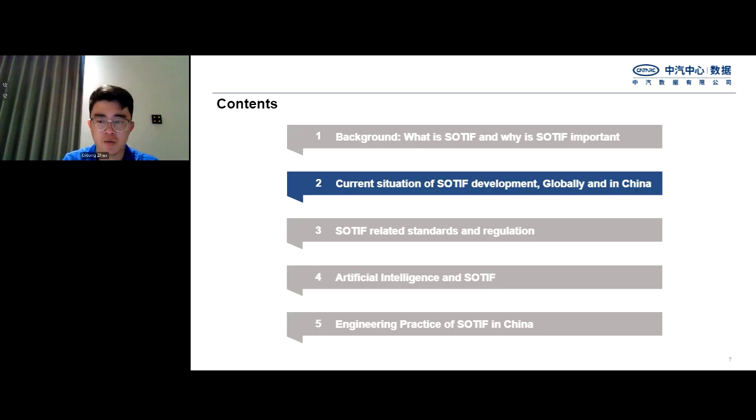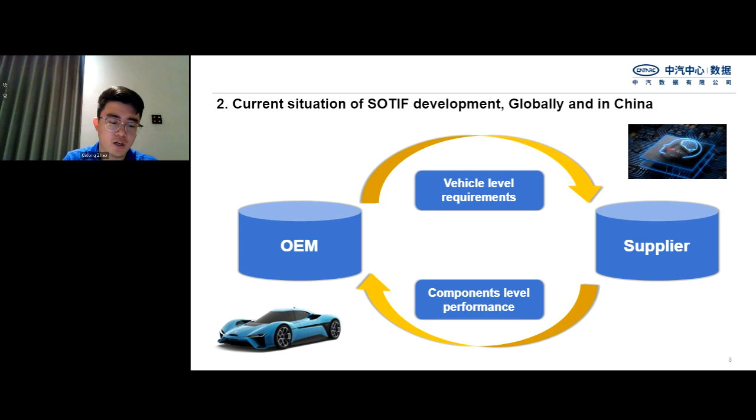So in the current situation of SOTIF development, both globally and in China, the different roles that OEMs and suppliers play in SOTIF are pretty much like the division of work in functional safety. Since more than one party is involved in vehicle development and testing, all parties have their own responsibilities and interests in this SOTIF life cycle.